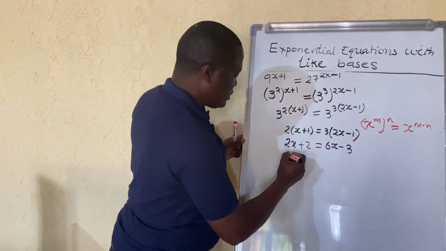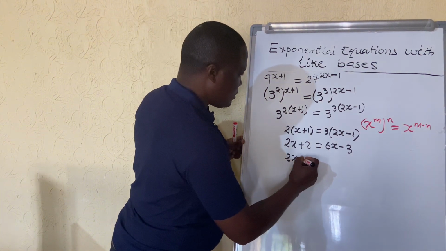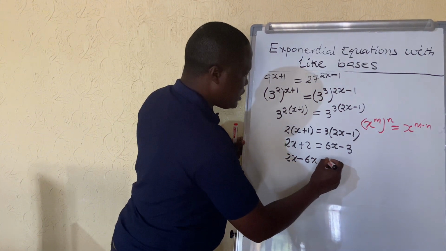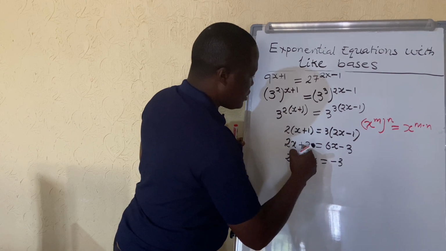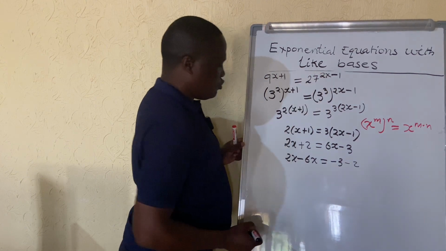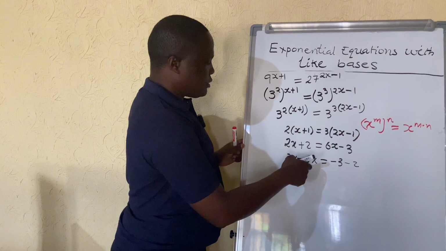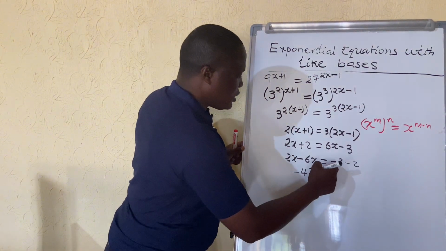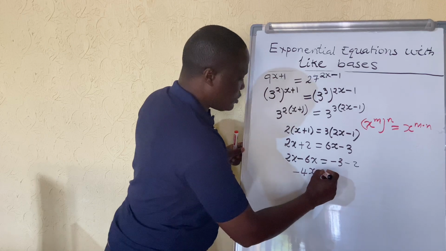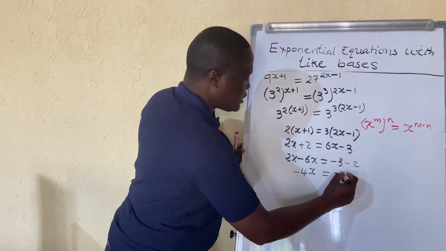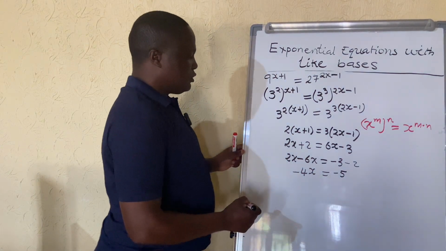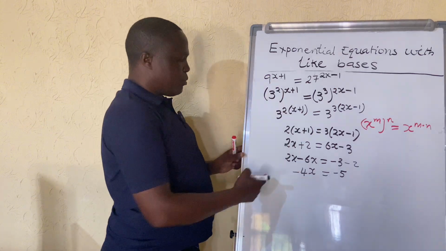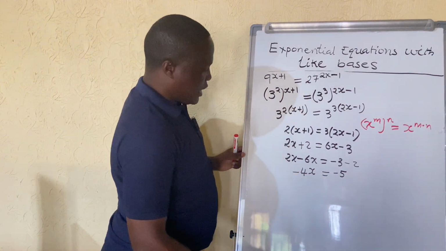So we have that 2x minus 6x is equal to minus 3 minus 2. 2x minus 6x is minus 4x. Minus 3 minus 2 is minus 5. So we divide both sides by minus 4 to get x.